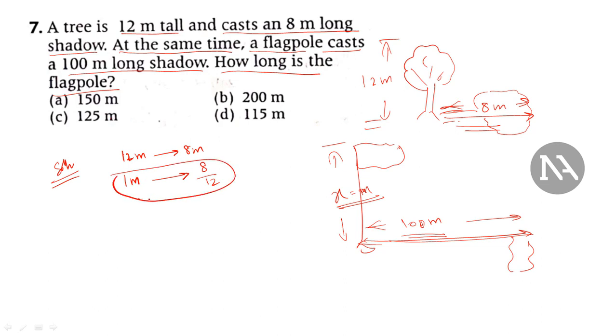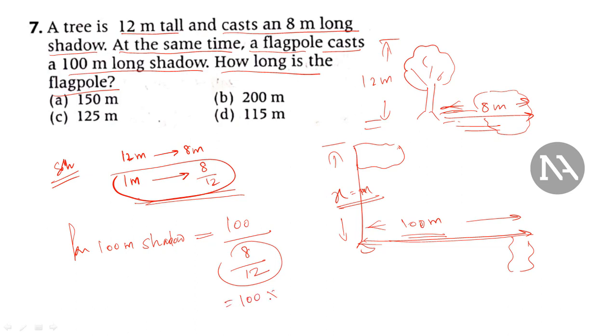For 1 meter the shadow length is 8 divided by 12, so for a 100 meter shadow, what should the flagpole length be? So it is 8 divided by 12. A fraction in division I will convert into multiplication, that is 100 into the reciprocal of the denominator, right?